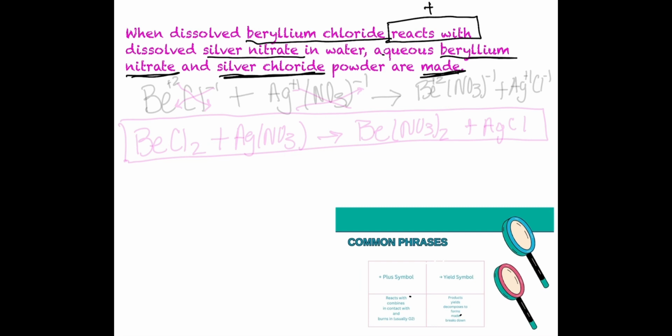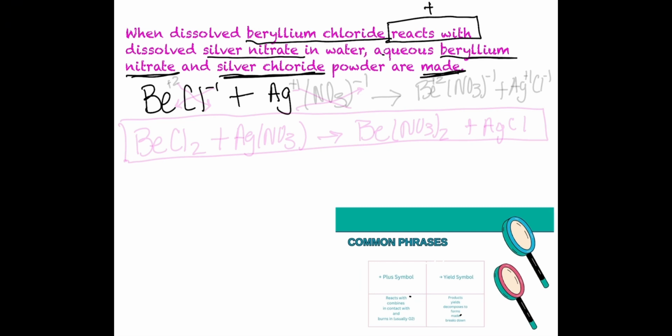All right, so let's go ahead and start writing out our actual oxidation numbers and elements. So you have Be, Cl, -1. I see that I have react, so that's a plus sign, with dissolved silver nitrate. Silver is Ag, and Ag is a transitional metal.